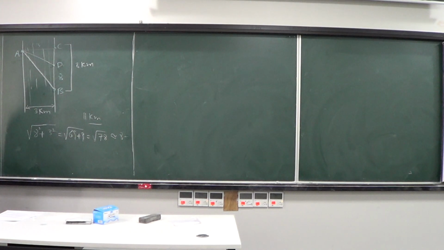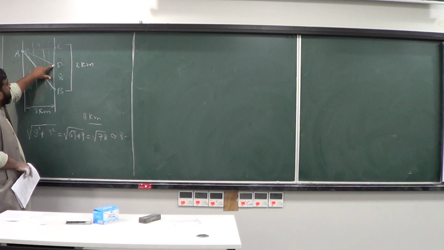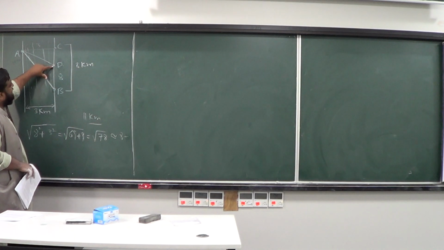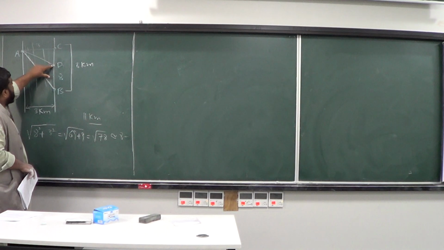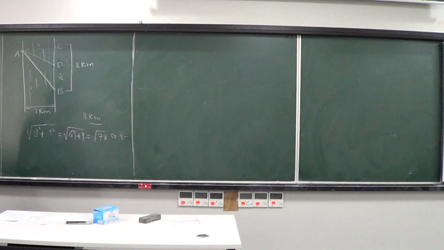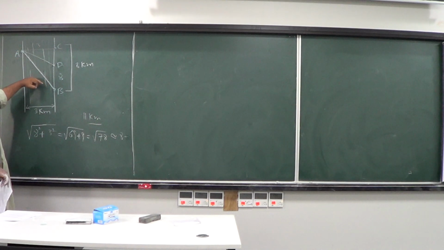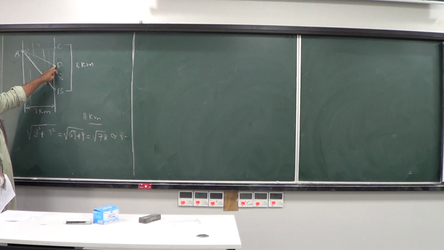So now the key question is, where should he land between C and B in such a way that he takes a minimum amount of time to reach the point B? He has decided not to take the other paths, but he wants to take such a path to come to some point D and then run.